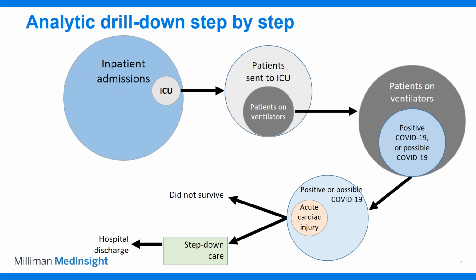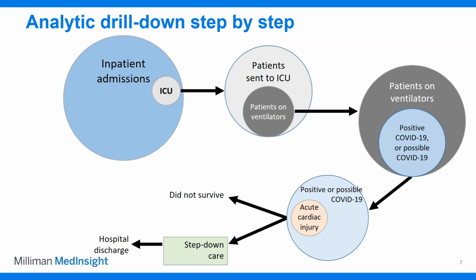I'm just going to start through. So if we think about a gradual drill down from a high level, step by step. So first, if we take all inpatient admissions, a subset of that are going to be ICU patients.